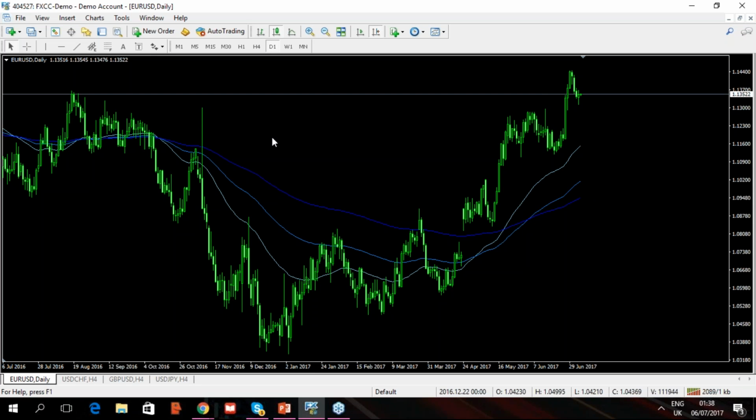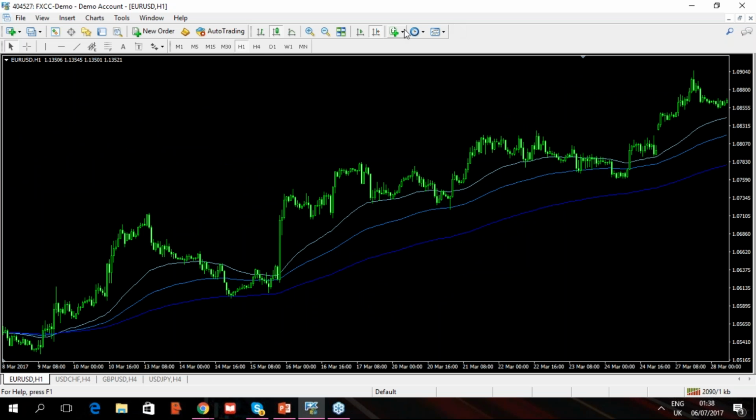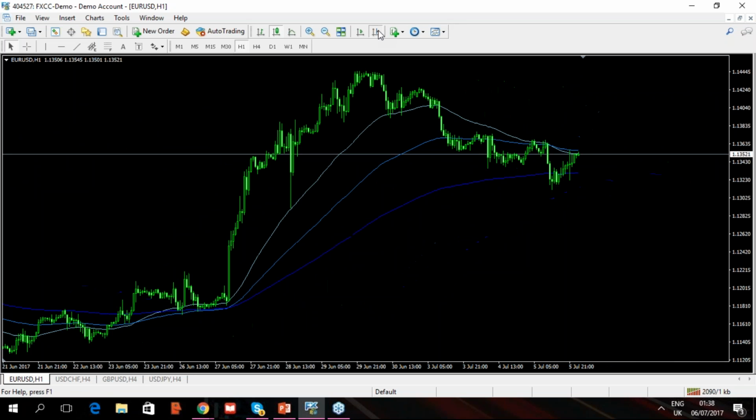So here you could make a very simple conclusion: the 1 hour shows a bit of uncertainty. It's not very clear because candles are not above or under all three exponential moving average lines.